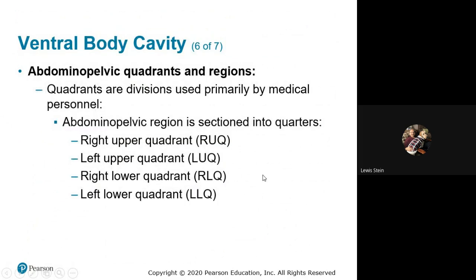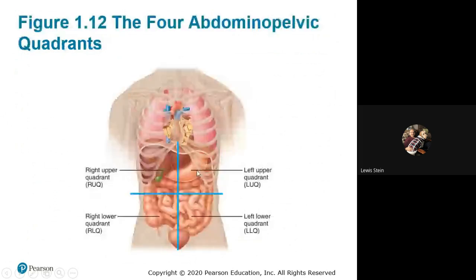In medicine, we use quadrants. That's what I use. You basically make 4 quadrants from the xiphoid through the umbilicus, and at the umbilicus at 90 degrees, right upper quadrant. So the structures that are in there. If someone has gallbladder problems, very often right upper quadrant.